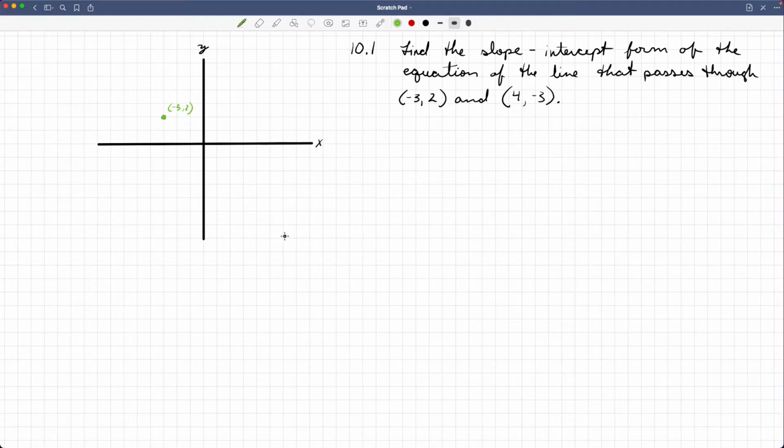The next point is going to be +4, -3. So 1, 2, 3, 4, and down 3 because it's negative. 1, 2, 3, right there. All right, so that is 4 and -3. And there's that line.